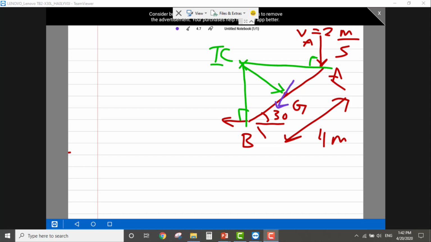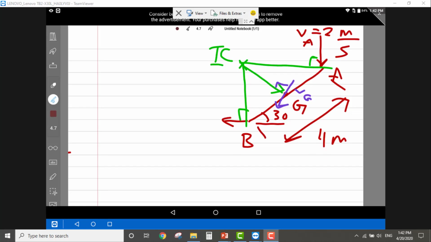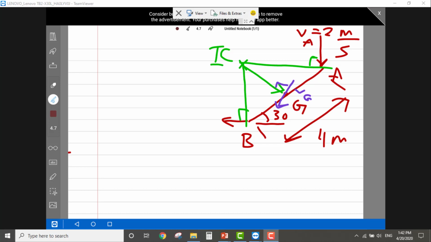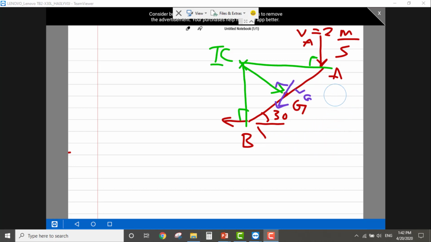So this is VG. Now, the second thing that you should care about is the length. If the rod is 4 meters, then we can easily know this length and this length.